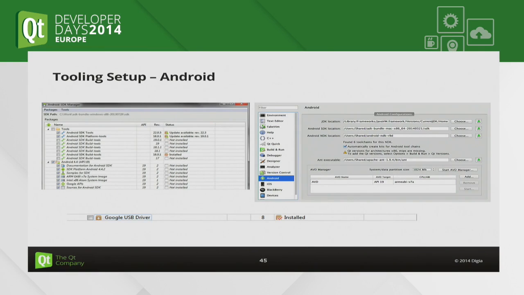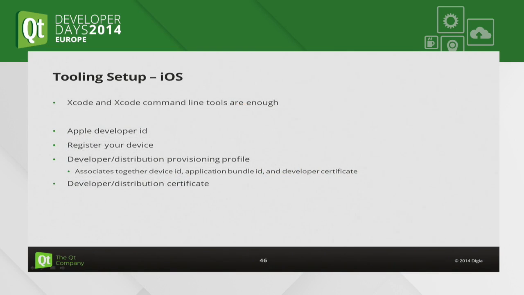On iOS, it's in a way even simpler because you don't even need to configure Qt Creator. You just need to have Xcode and the Xcode command line tools installed, and when you install Qt for iOS, Qt Creator will know how to use them automatically. But for the device, you need an Apple Developer ID.